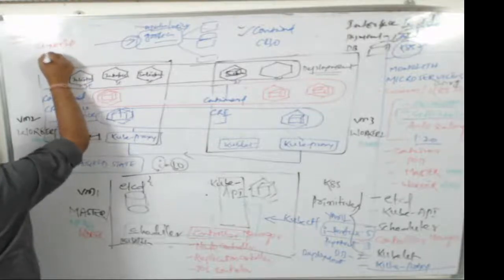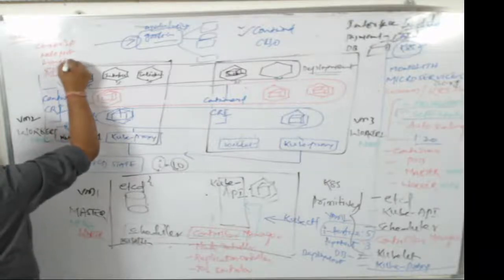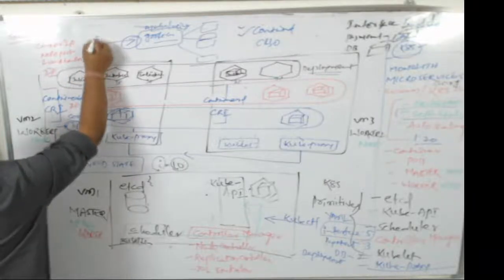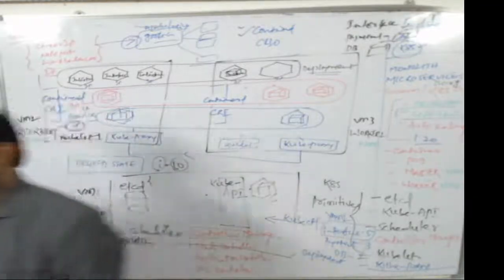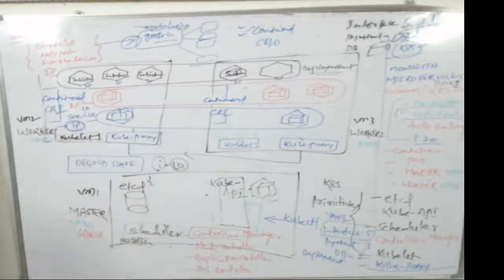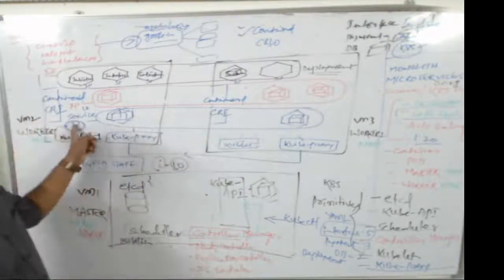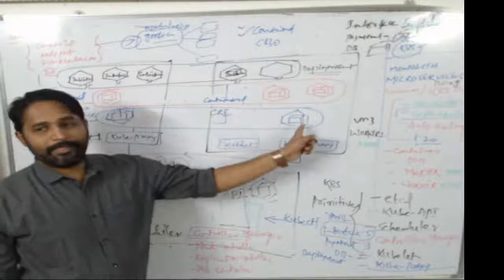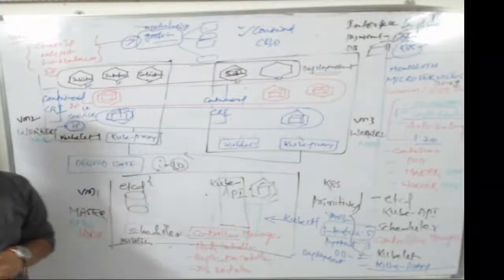It could be a node port. We'll talk about these things later. Then you have a load balancer. These are the three types of service IPs. Using any one of these, you can reach a service. And once you reach a service, it will decide which of these pods will receive the request.